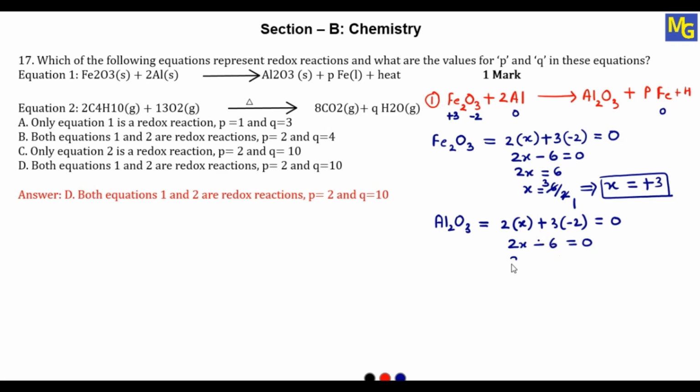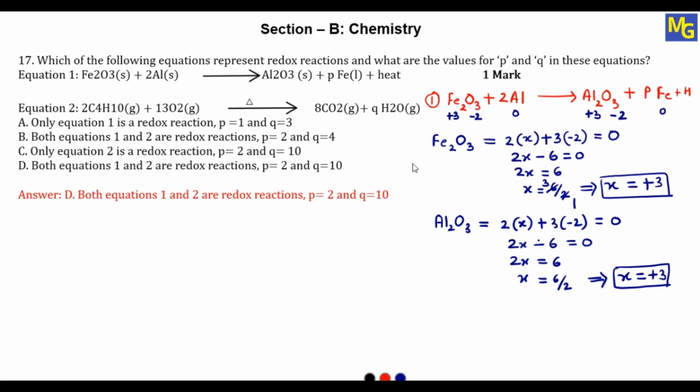I hope you're understanding. 2x minus 6, we shift that side. x equals, we get the same answer, x equals plus 3. So this is the oxidation state of aluminium. I'll write plus 3 here, and for oxygen it is minus 2.